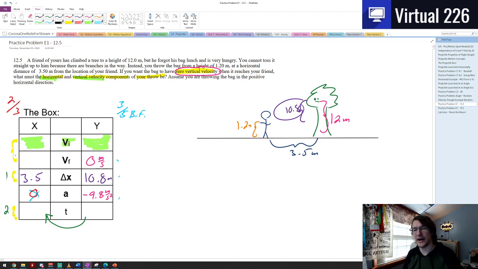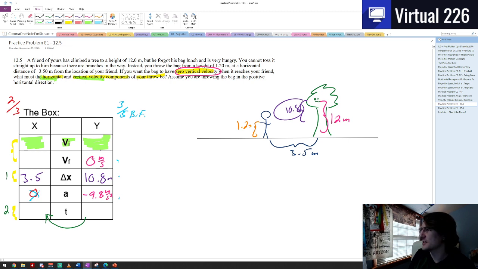So let's just solve time first, because I think solving for that time will allow us to get a more straightforward value here. Or could we solve for time first? Is that even possible? Delta y, VF, and A. Ooh, that looks bad. I don't think we can solve for time first. Let's solve for the initial velocity first then.